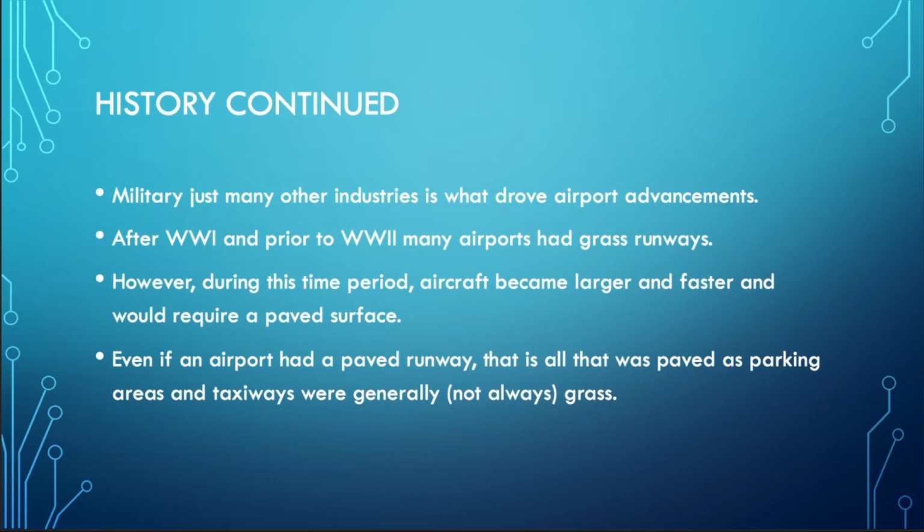So that kind of gives you a perspective of the size of the aircraft during the mid-30s up into World War II, which for the U.S. started in 1941. And even airports that did have paved runways during this time, so after World War I and then through World War II, it was just a runway and necessarily wasn't taxiways or parking areas.